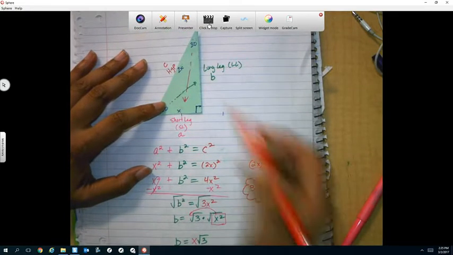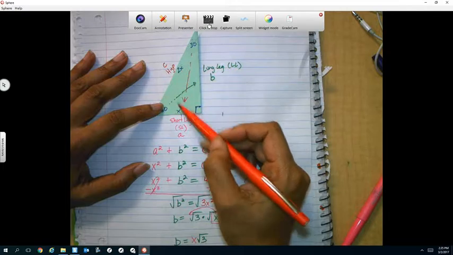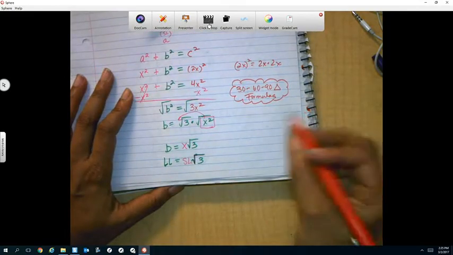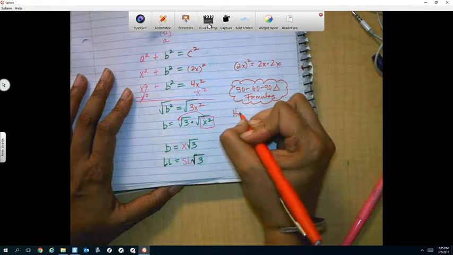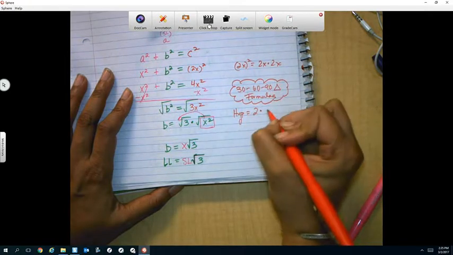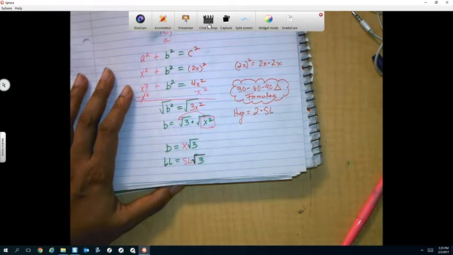Up here, I wanted you to see that if my leg is x and my hypotenuse is 2x, well, the hypotenuse is basically double the x, okay? So the first formula you're going to write down is your hypotenuse is always 2 times the short leg. Whatever the short leg, you just double it, and that gives you your hypotenuse.